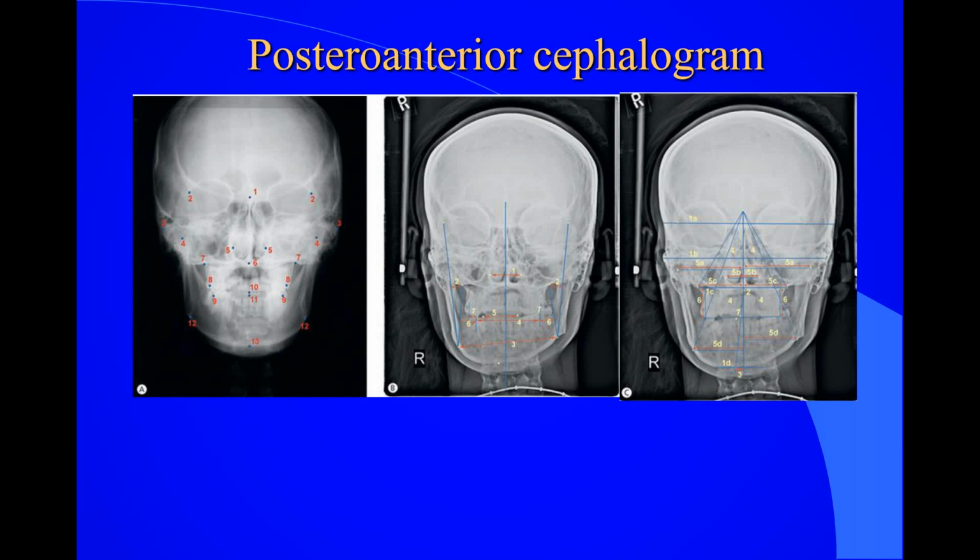Certain radiograph projections provide valuable information to differentiate between various types of transverse discrepancies. A number of radiographic projections are available for accurate identification of the location and etiopathology of transverse problems.